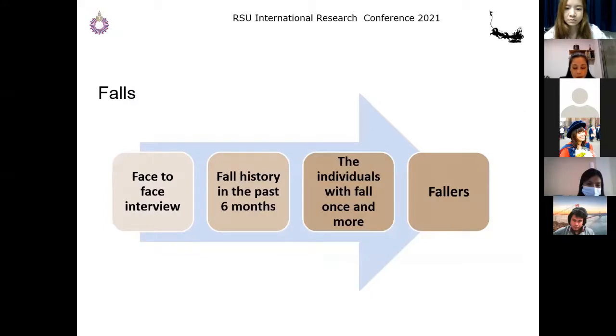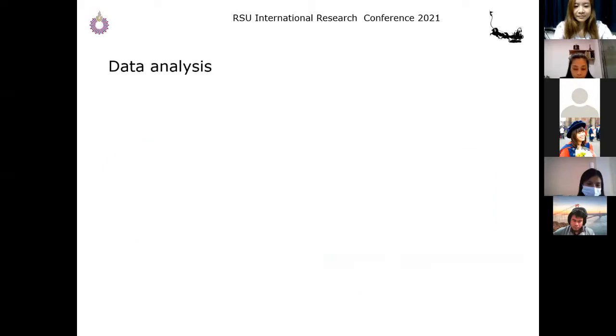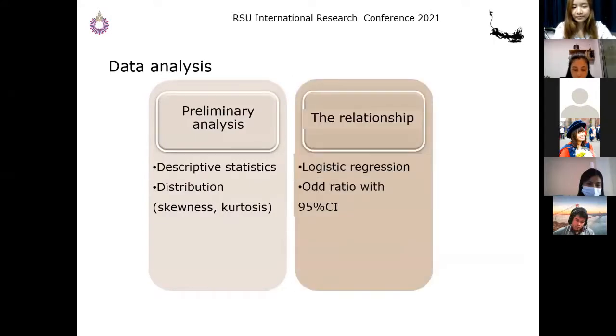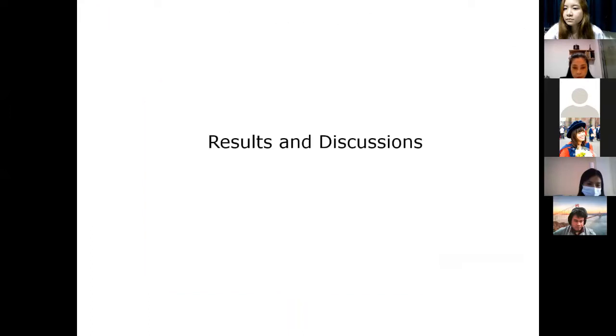The participants who suffered a fall once or more were classified as the faller group, while the participants with no fall were in the non-faller group. To examine the relationship, binary logistic regression was used to analyze the relationship between the factors, with odds ratio at 95% confidence interval.